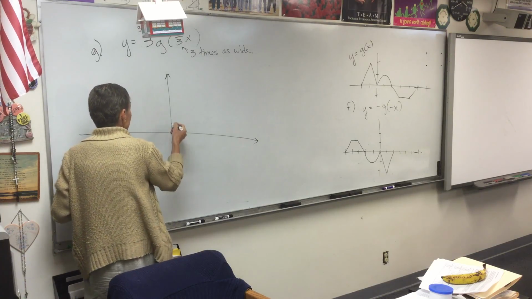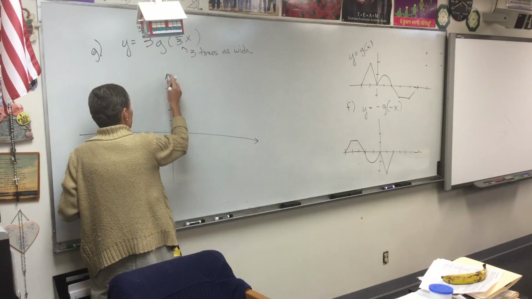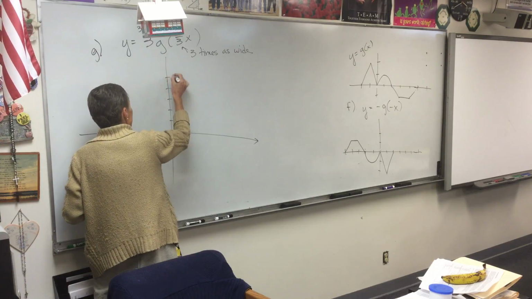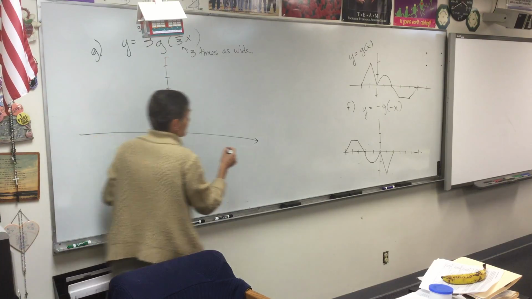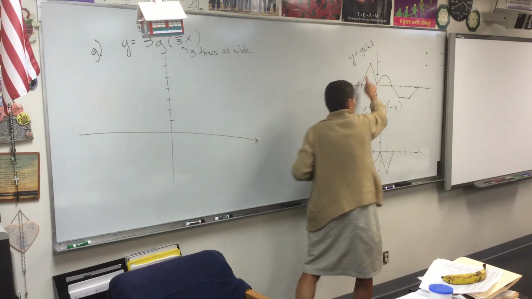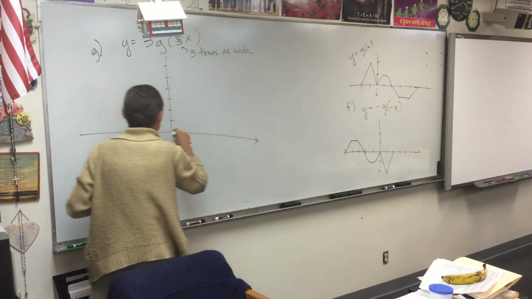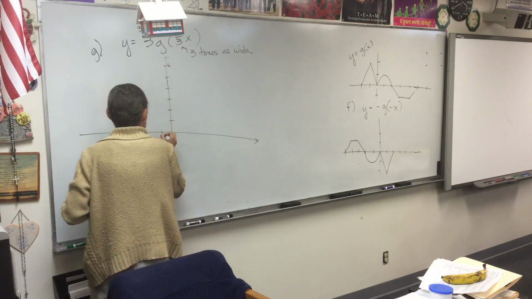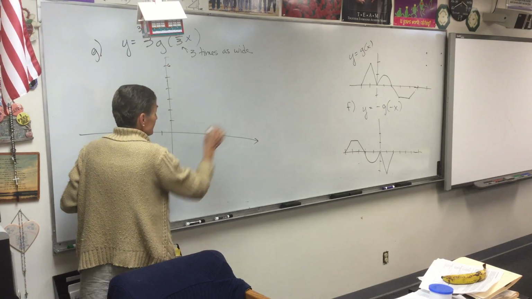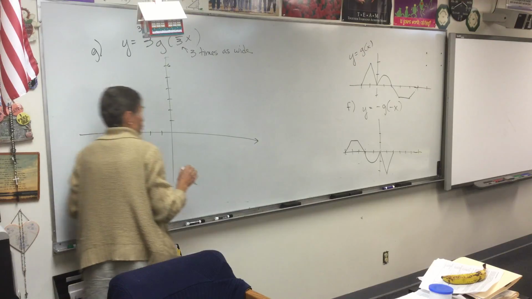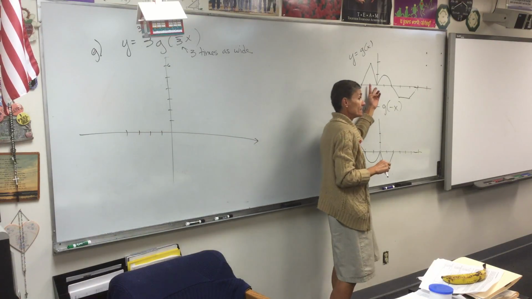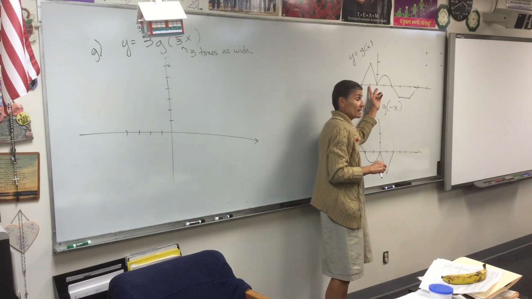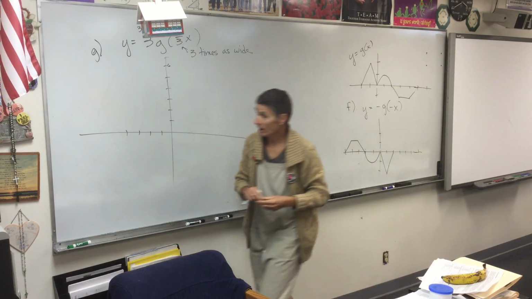All right, so 3 times as tall means that the triangle that was up 2 is now going to be all the way up 6. 1, 2, 3, 4, 5, 6. And he was 2 wide, but now he'll be 6 wide.